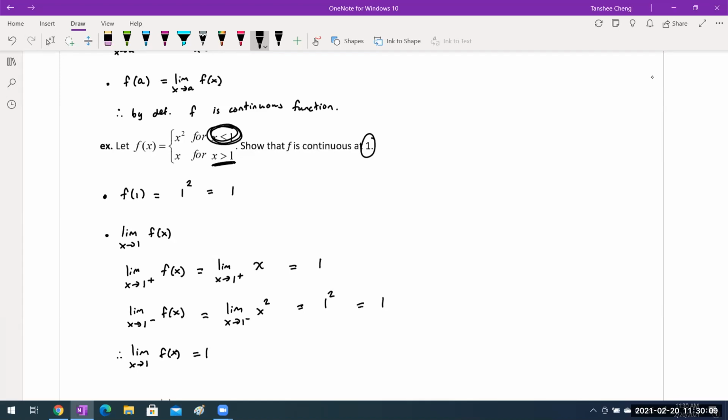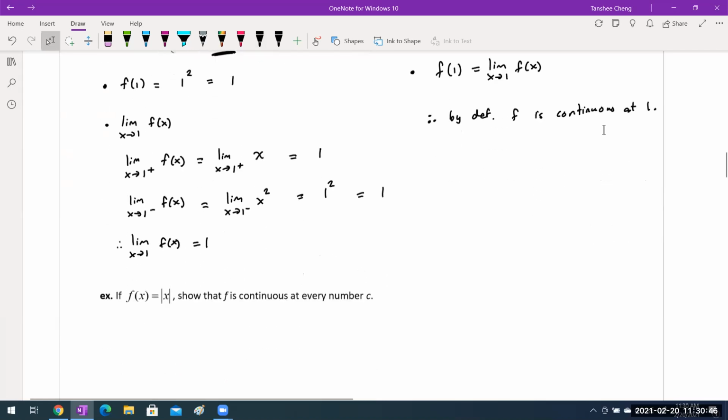From here, we can see that the value of the function at 1 is the same as the limit as x approaches 1 of the function. Therefore, I can conclude that by definition, the function is continuous at 1.